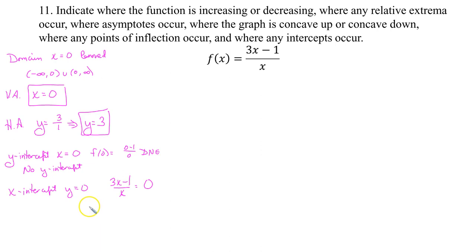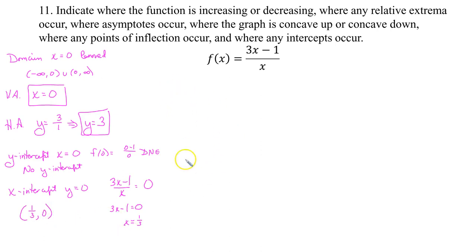That's where we have our vertical asymptote. But we can take the numerator. So we're going to set 3x minus 1 equal to 0. Any value that makes the numerator 0 makes the fraction 0, and we add 1 to both sides and divide by 3. And so we do have an x-intercept for this function, and it is at the point (1/3, 0). So that's a little bit different.